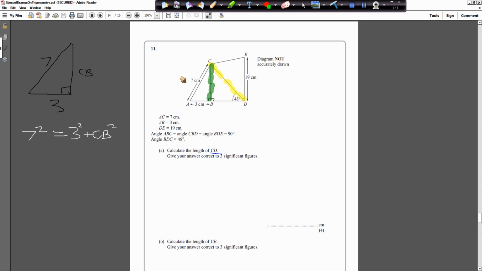So I'm going to rearrange it now. So I want to work out the CB. Okay. So the opposite of adding 3 squared is, so 7 squared minus 3 squared, first of all. And then the opposite of squared is square root. So we do square root of all that.